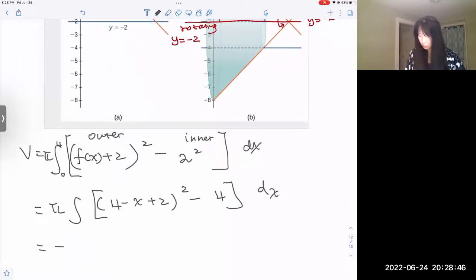Now, pi, that is 6 minus x squared. Oh, we have to do work again.